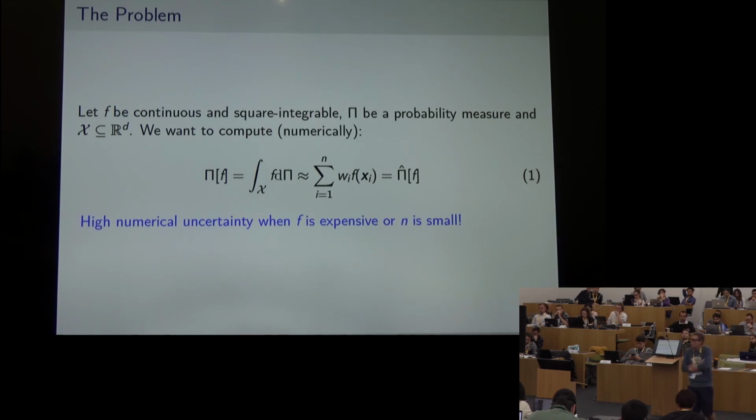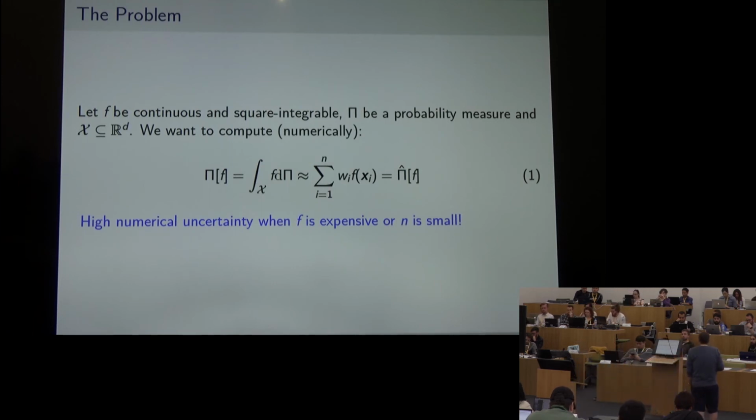We want, for a particular function f, which is continuous and square integrable, and a probability measure pi on some domain, which is R^d, then we're going to use this notation that pi square brackets of f is basically just the operation of this integral with respect to this measure acting on this function f here.